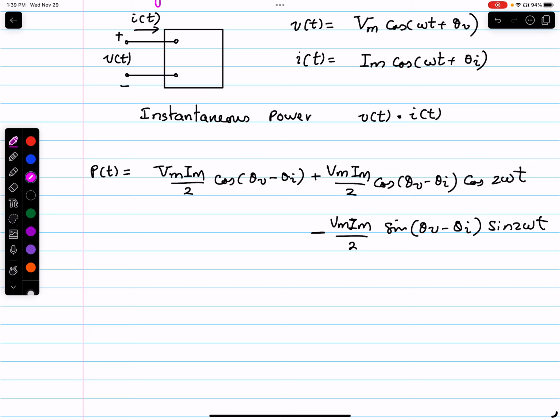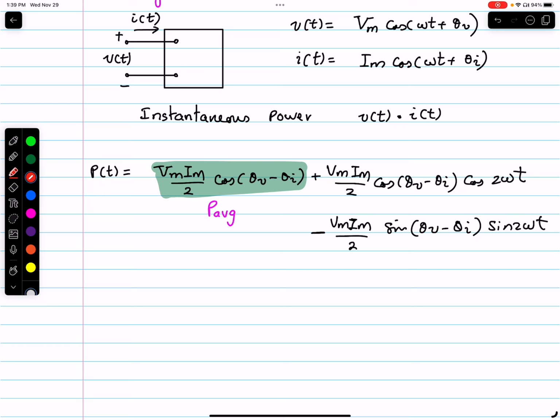Now this term here is called the average power. Okay, P average. This is defined as P average. And then this is called the reactive power. Okay, let's see.